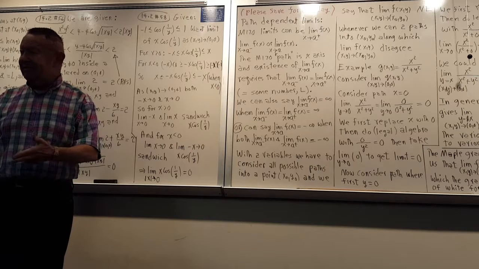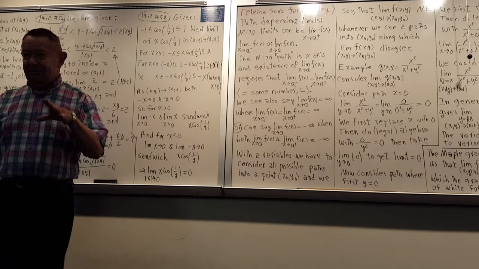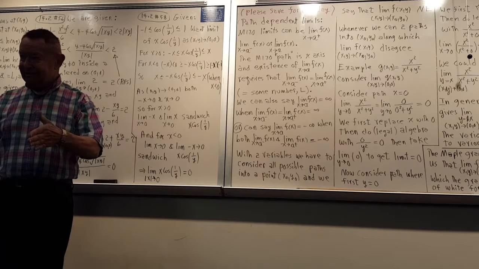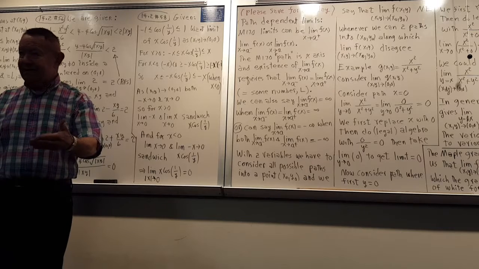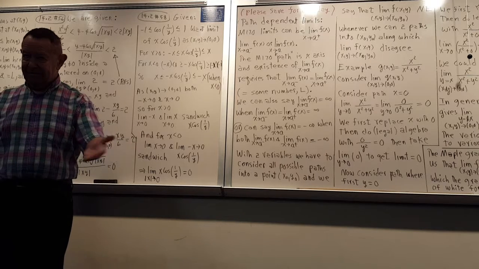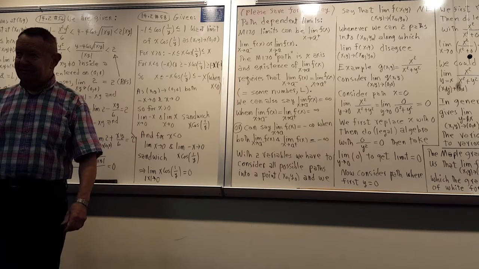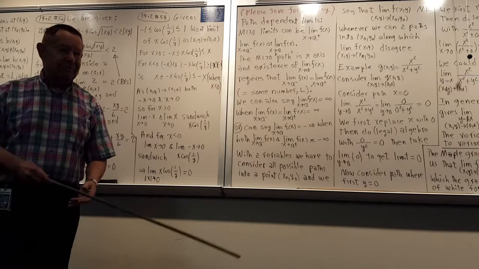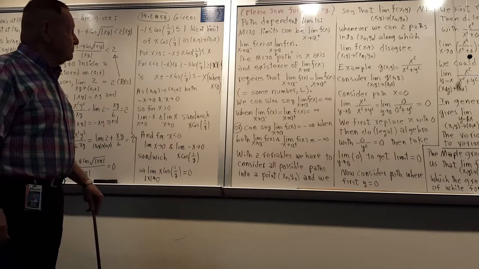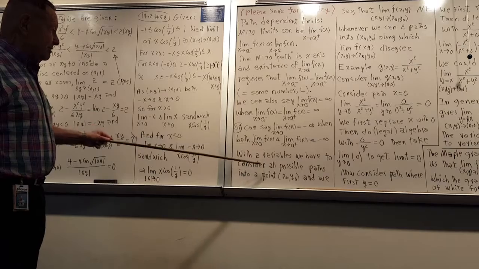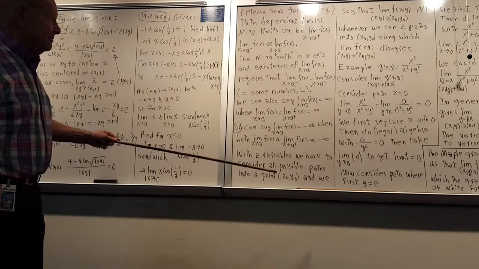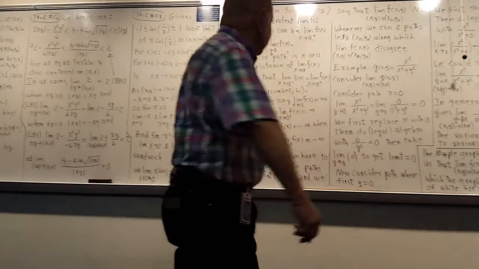The same as in Math 170, you can prove the limit of absolute value x over x does not exist, because coming from the right gives you +1, coming from the left gives you -1. So that's where we're going with this. Okay, so that's essentially what I've said here in the writing.